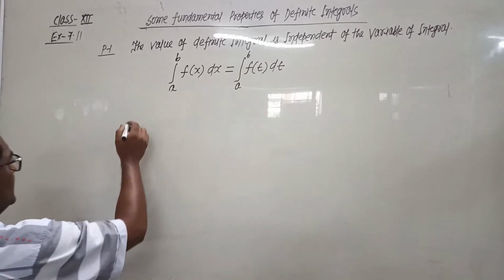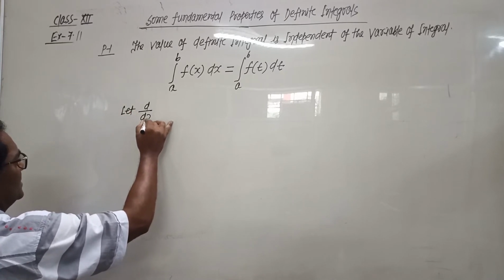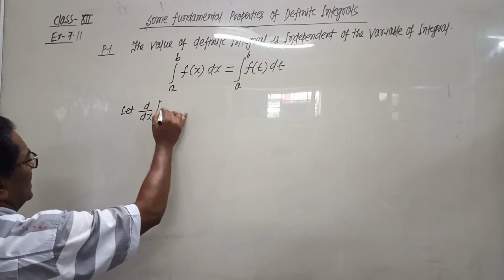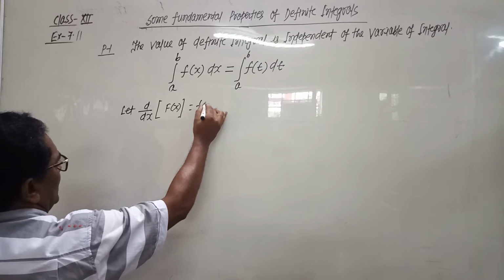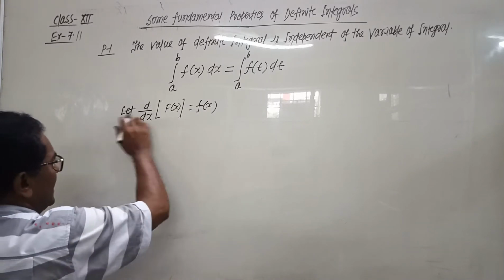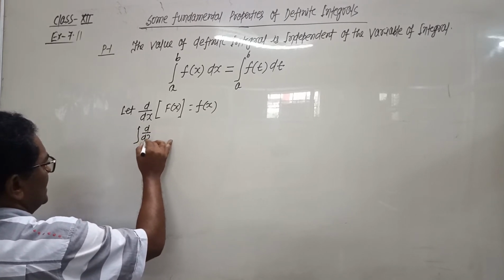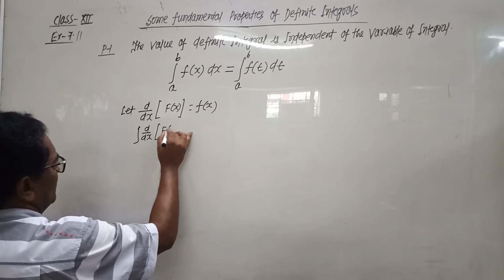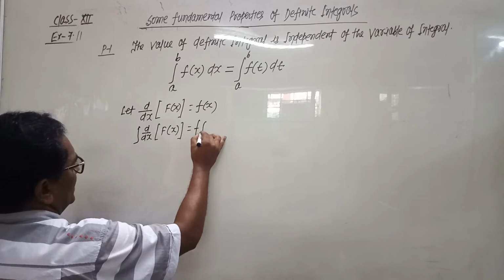Let d by dx of capital F(x) equal a small f(x). We suppose d by dx of capital F(x) equals small f(x). Now integrate both sides. So integration of d by dx of F(x) equals integration of f(x).